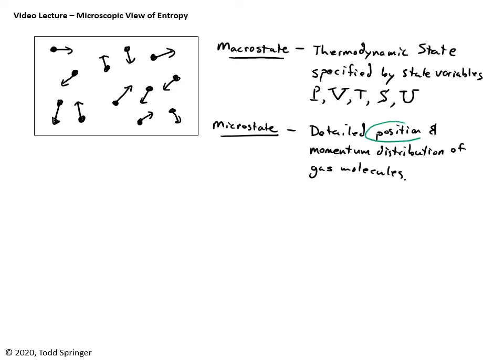Okay, so first thing I want to do is let's think about these positions. So I want to know how many ways can I arrange N gas molecules in this box. So we're going to say there's N gas molecules. And I'm going to divide the big box into a bunch of small divisions, okay? So I'm just dividing it into a grid here.